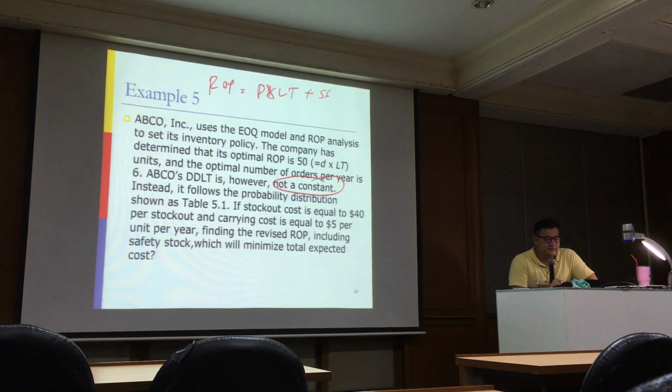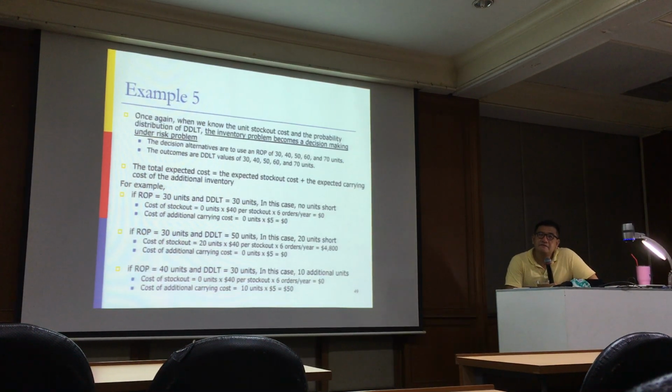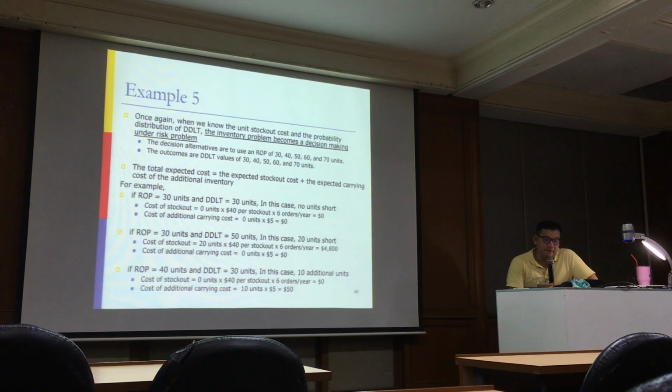In this case, the inventory management problem of finding safety stock with unknown stock out cost becomes a decision making under risk problem. How can we analyze decision making under risk?